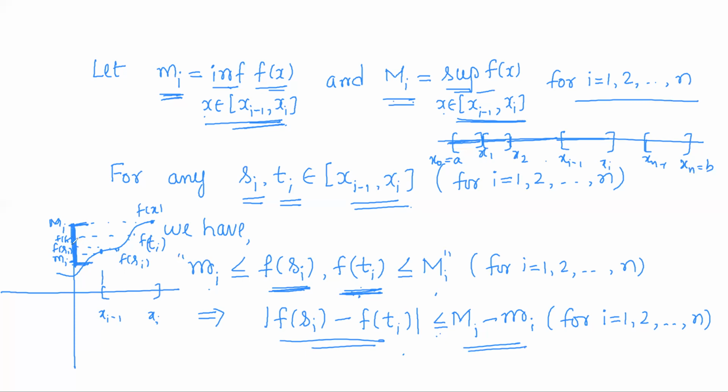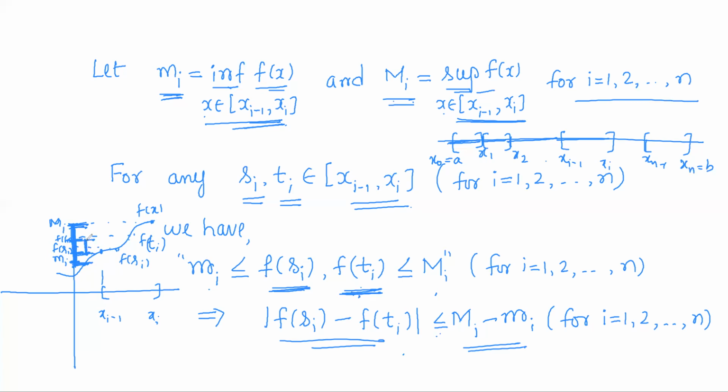So that I have explained using the graph. If this is the graph, suppose this is the infimum mi and this is the supremum capital Mi. So all the function values will be in this range only. Suppose this is f of ti, this is f of si, then their difference will be just this much.